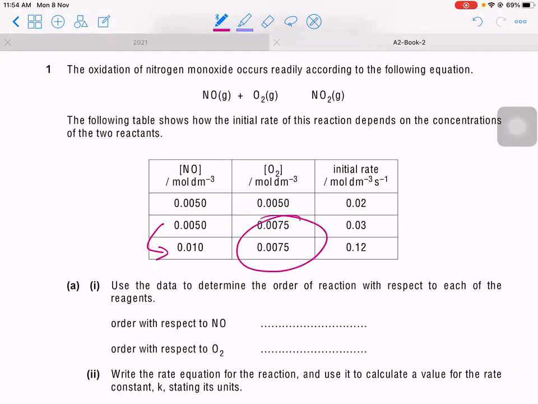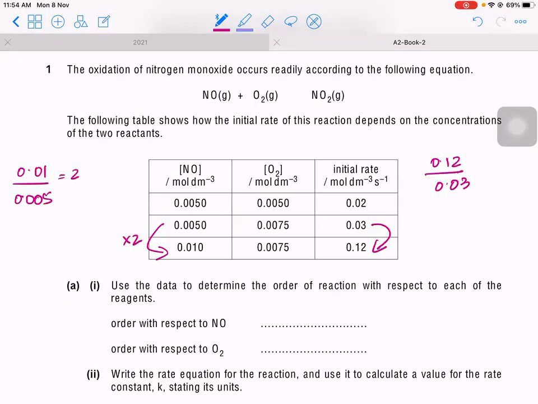And how much does the concentration change by? 0.01 divided by 0.005. So it is changing by 2. And let's see how the rate changes. So the rate goes from 0.03 to 0.12. Rate is changing by 4. So you see it is increasing by the square of this. So it would be second order with respect to NO.